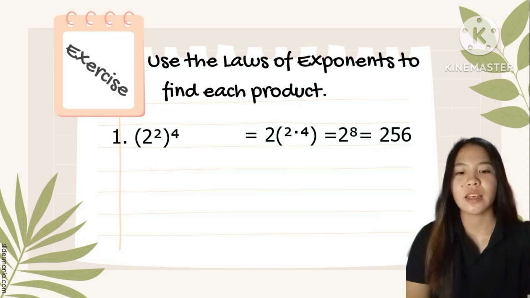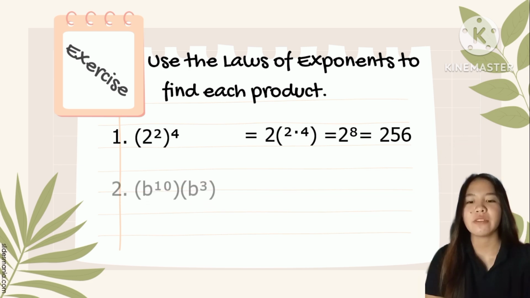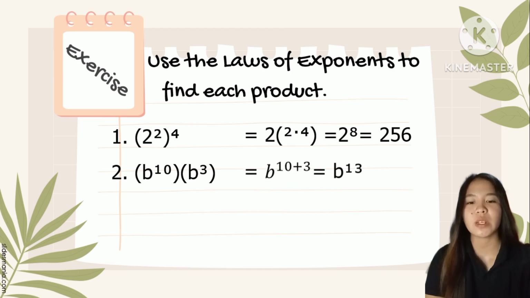So we got 2 raised to 2 times 4, which is equal to 2 raised to 8, and the product is 256. Next, b raised to 10 times b cubed, so we simply add the exponents. We got b raised to 13, because 10 plus 3 is 13.